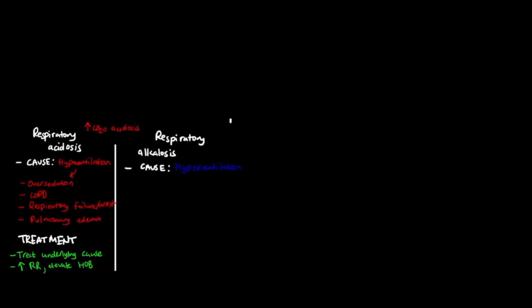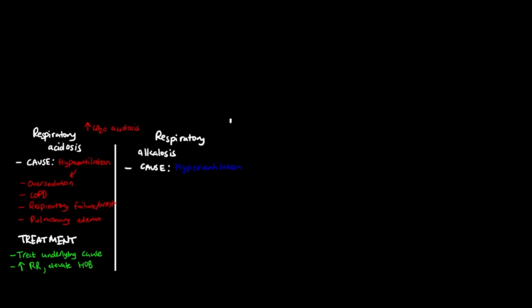So what's happening here is that a person is breathing too much. And so this excessive respiration is going to decrease the amount of CO2 because they're breathing so fast that they're essentially blowing off the levels of carbon dioxide.